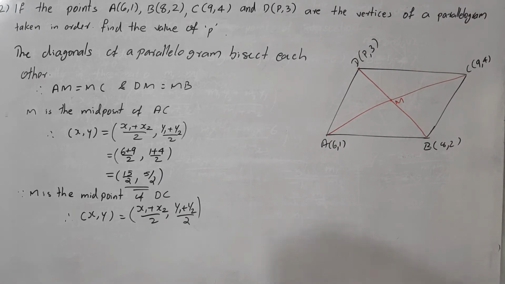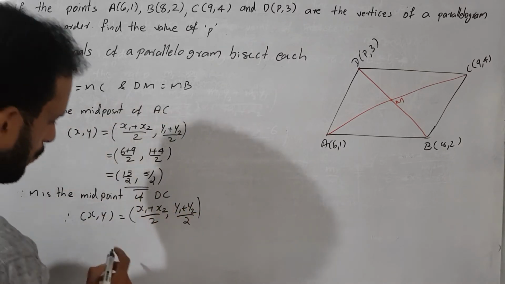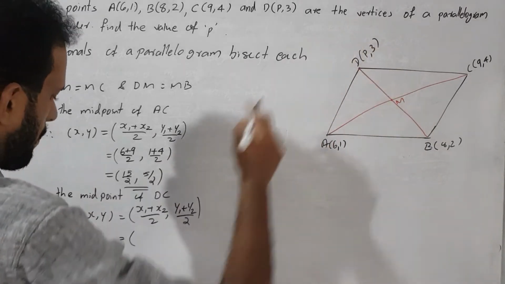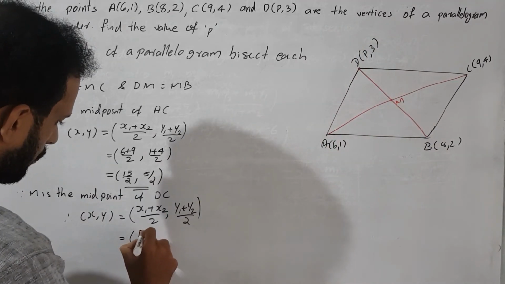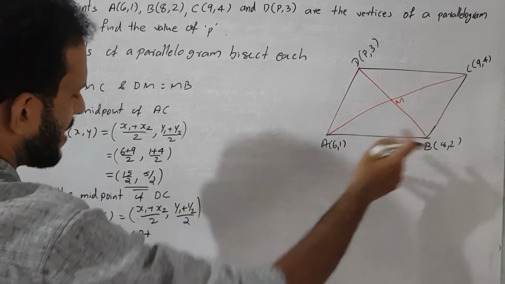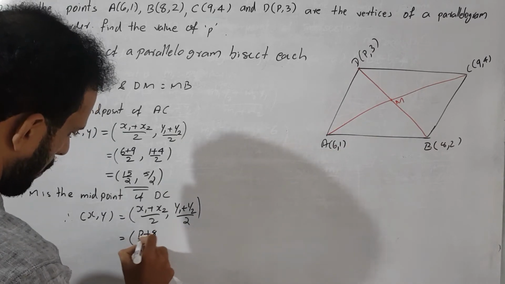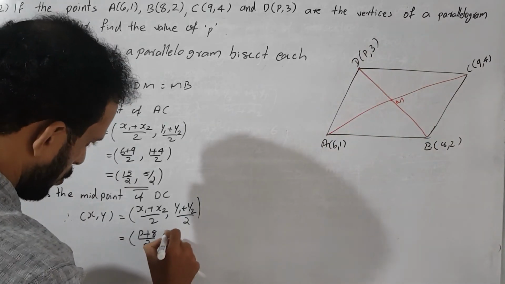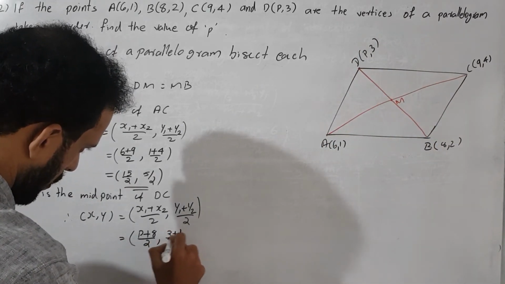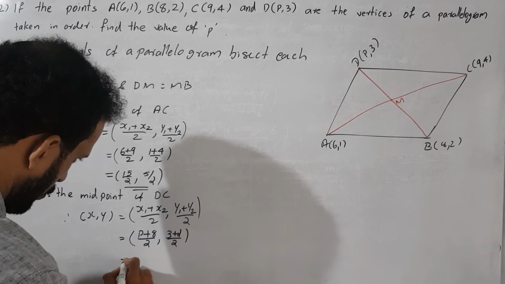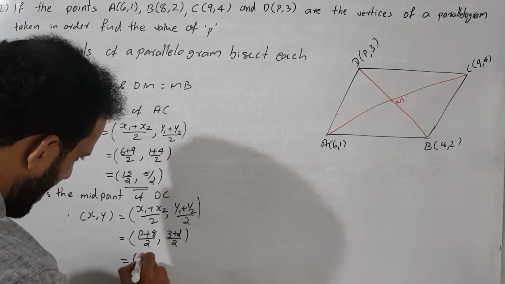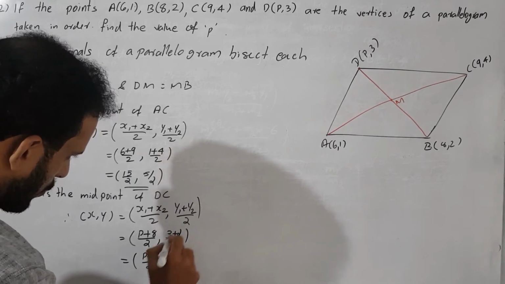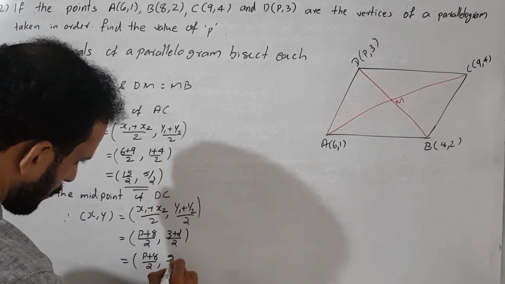Then what is x1? x1 is p plus 8 by 2 comma y1, 3 plus 2 by 2. Then it is p plus 8 by 2, since p plus 8 is not possible to add, and this one is 5 by 2.